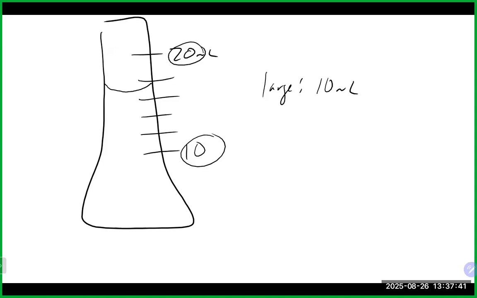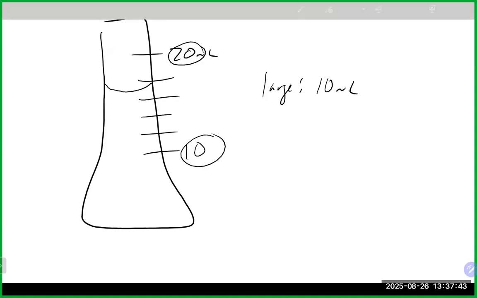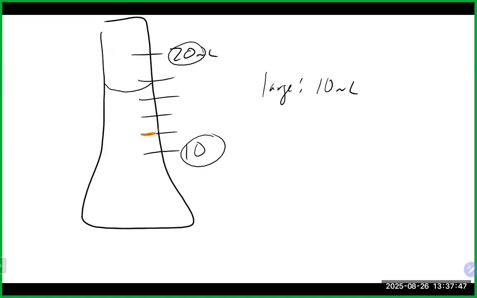But when we look at the actual smaller markings in this particular case, we have 1, 2, 3, 4, and 5. We only have 5 smaller markings. And that means that each of the small markings here actually represents 2 milliliters. This would be 12, 14, 16, 18, and 20.